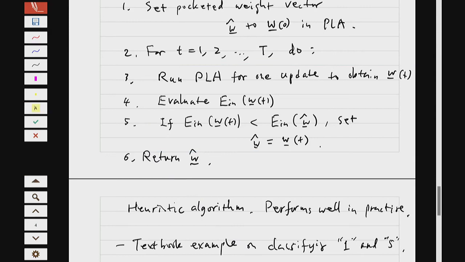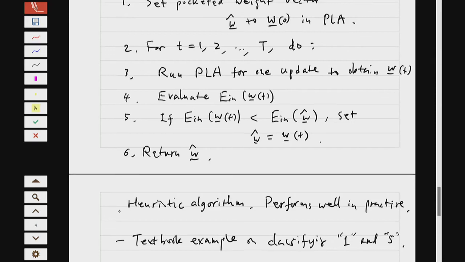Is there a similar algorithm? There is logistic regression. We're going to go there next week. And SVM, of course, but when we talk about it in the second half of the course.